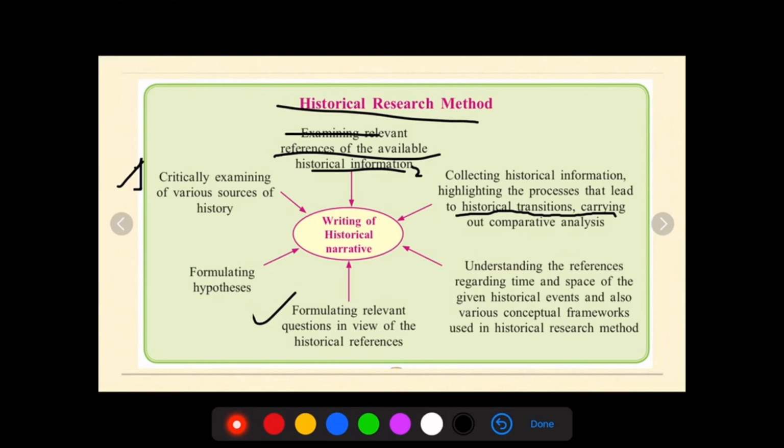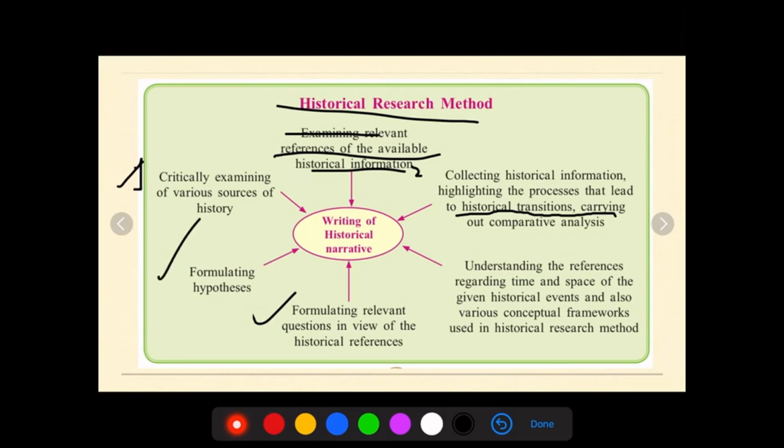If the answer is yes, then I make another question: is this type of handwriting matching with the handwriting of that time? So questions should be prepared. If the answer is yes, then you should reach your conclusions, and if the answer is no, then you should do more research, or the document is not true. So formulating questions is also an important point.